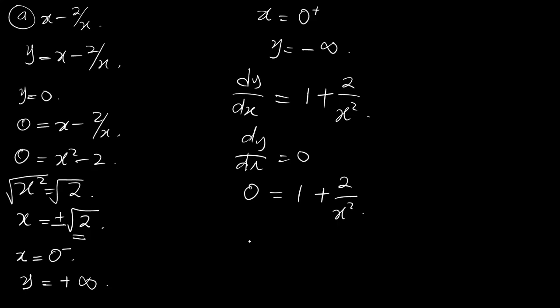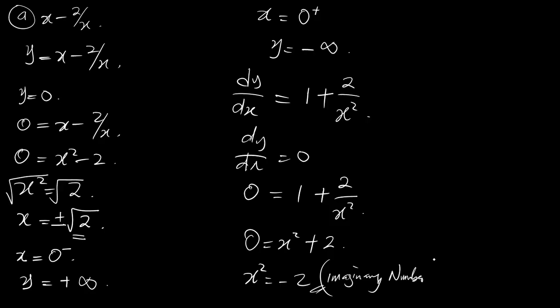If we multiply all through by x squared, you have 0 equal to x squared plus 2. So x squared is equal to minus 2. Here the root of x is an imaginary number. Since it's an imaginary number, it means there is no stationary real point on this curve.